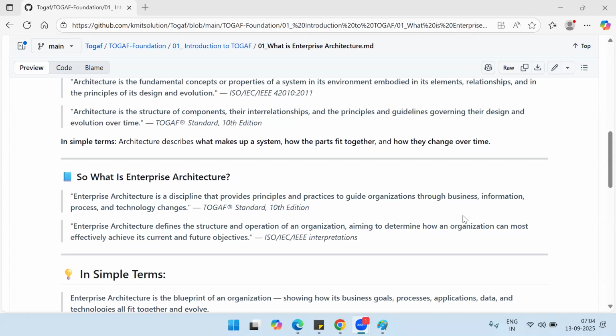Can we say something like that? Yes, exactly. The enterprise architect is the one who is basically looking at the bigger picture. And the solution architect is more related to a part of that solution.